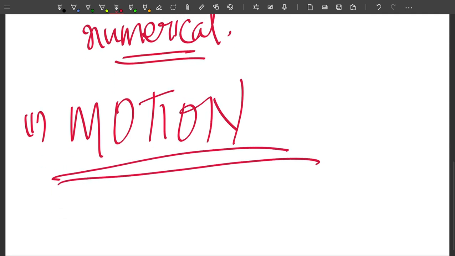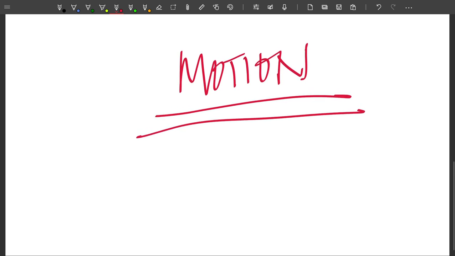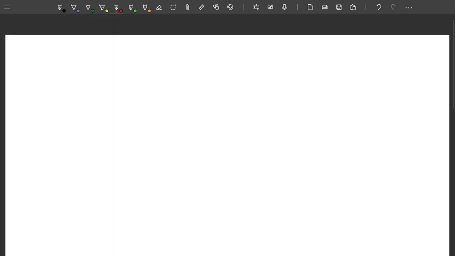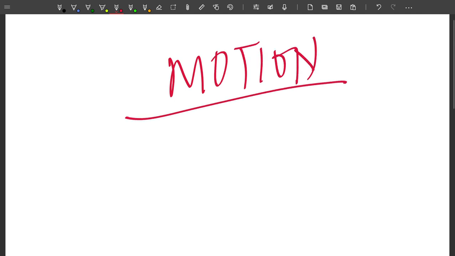So what is motion? You might have heard similar words like commotion and motion. Let me get to the very basics. Motion is very simple, because the word is used in our daily life: anything which is in movement, anything which moves, I would say is in motion.